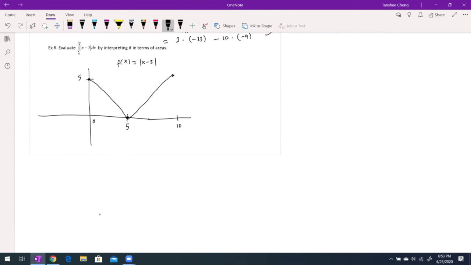And when we talk about the area under the curve, that is this area right here, which is the area of a triangle, and this area right here, because we cut it off right here.